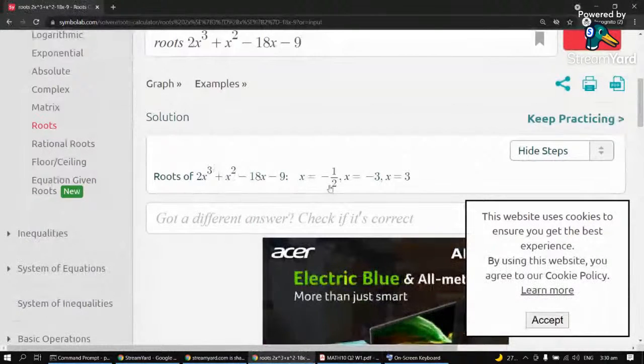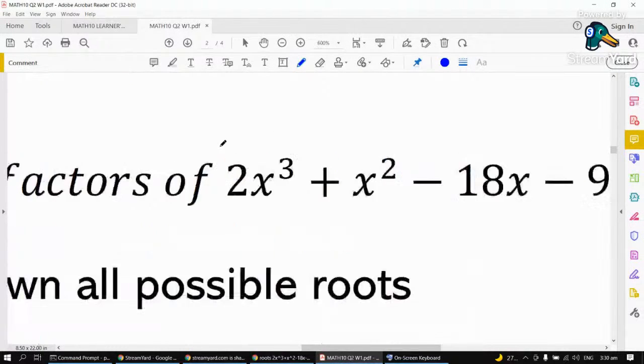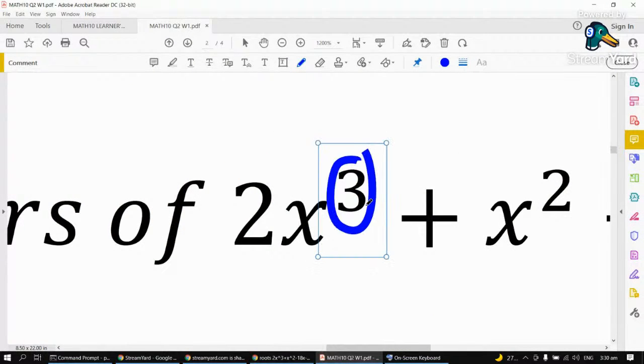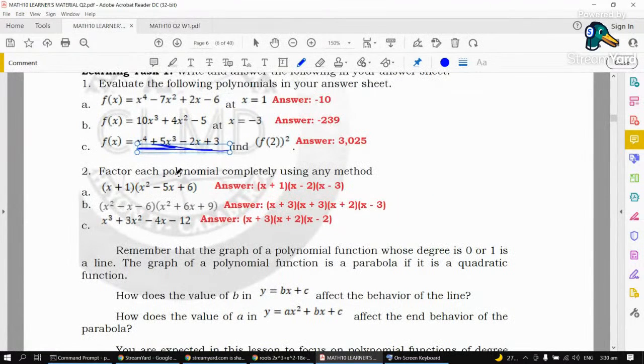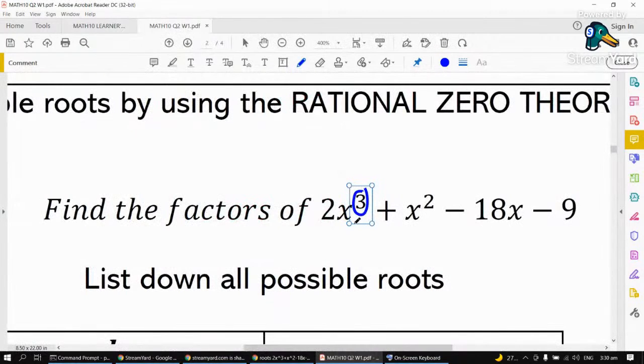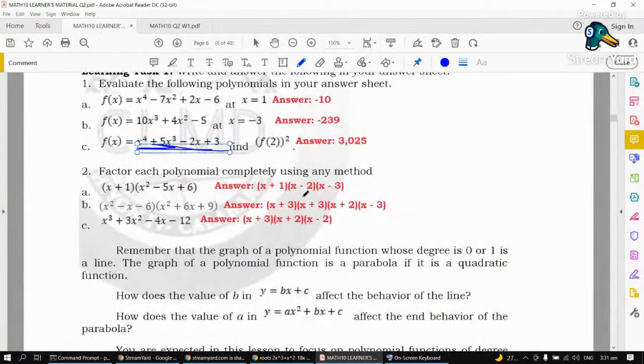So makikita natin na kapag ang exponent is 3, pinakamataas, kung ano yung exponent ng pinakamalaking term, yun ang bilang ng solution.